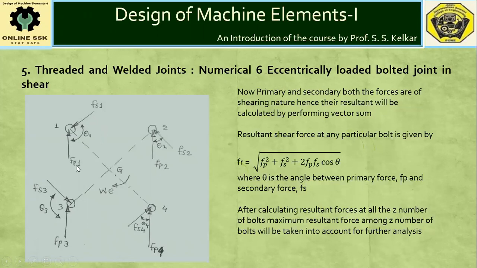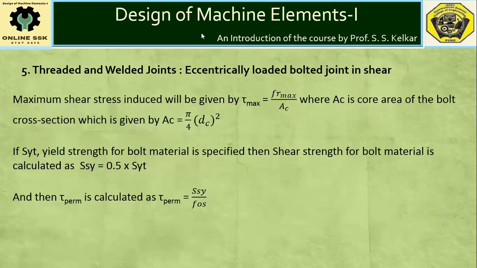The primary and the secondary shear loads can be added vectorially, and their vector sum will represent the resultant shear load. The resultant shear load, when divided by the core cross section area, will represent the induced maximum shear stress.